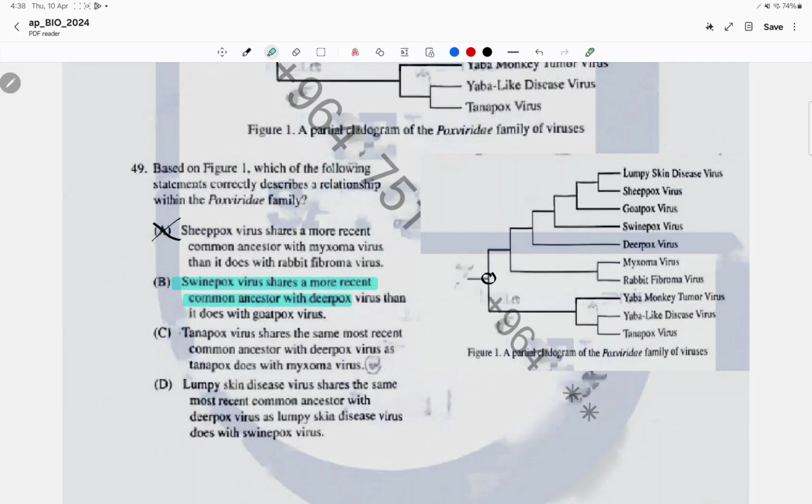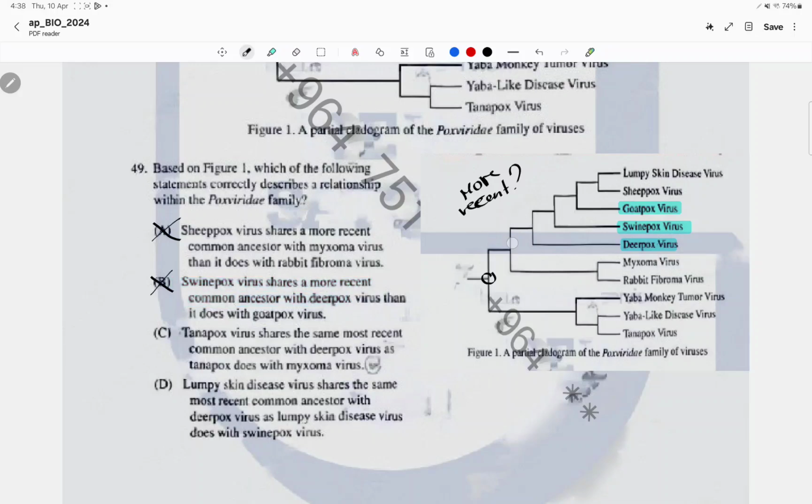Let's see, swinepox and deerpox, they have to meet all the way here, versus swinepox with goatpox who meet here. Oh, yeah, that's right. So it's not B, right?